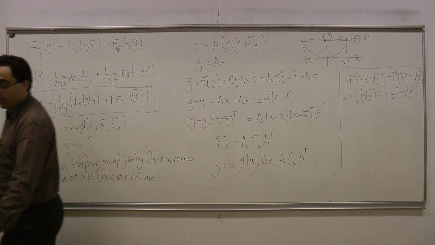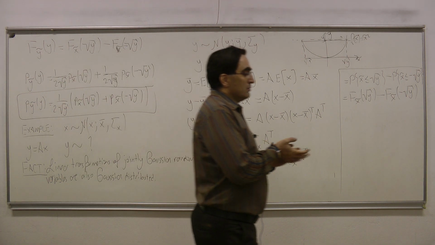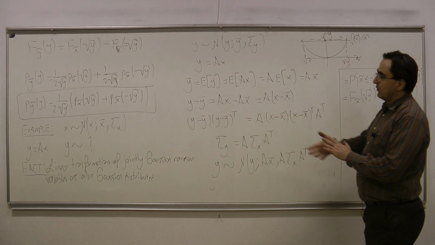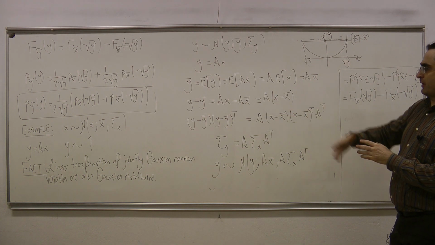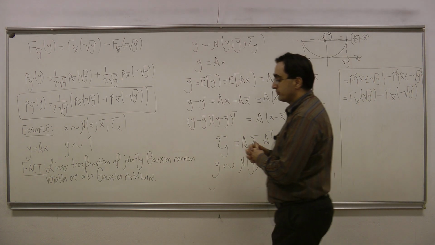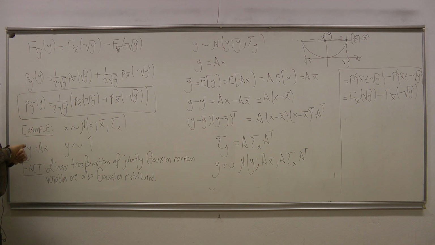Okay? So you see that once you know the magical properties of a Gaussian distribution, obtaining the density function of a linear function of a Gaussian random variable would be quite easy.